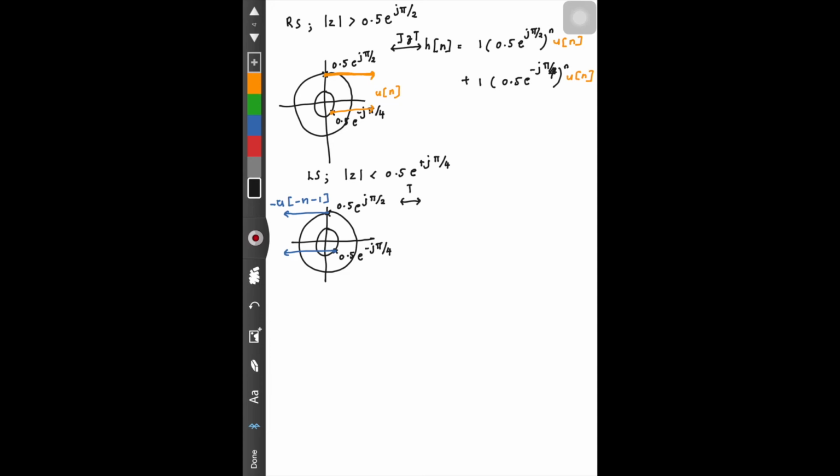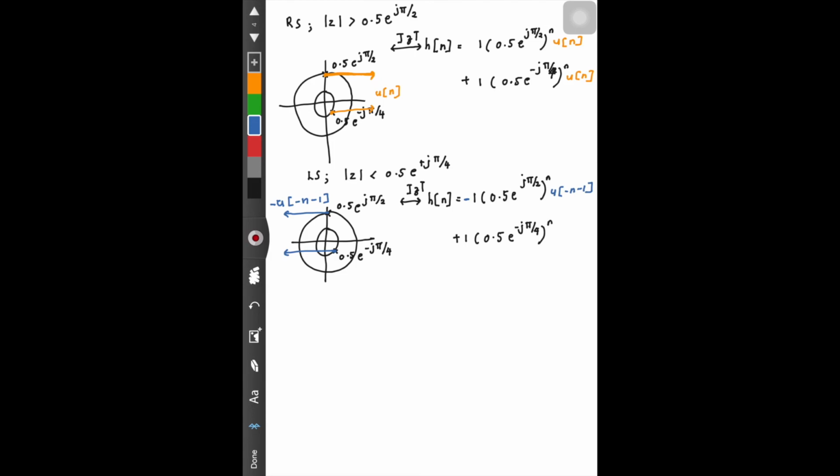So your h[n]: since both approach to the left, the function is minus u[minus n minus 1].